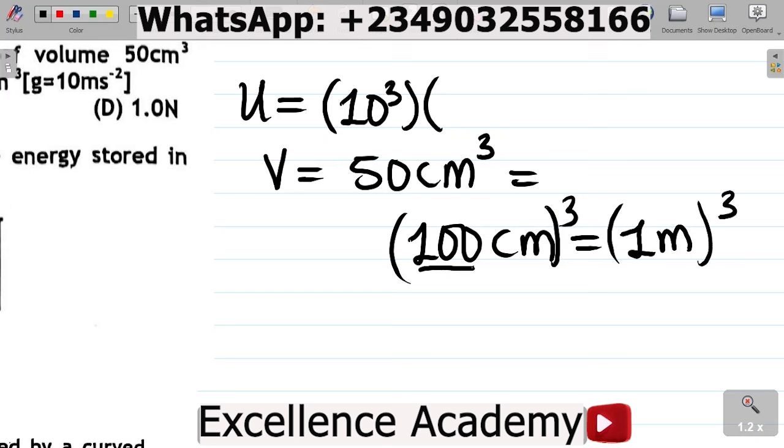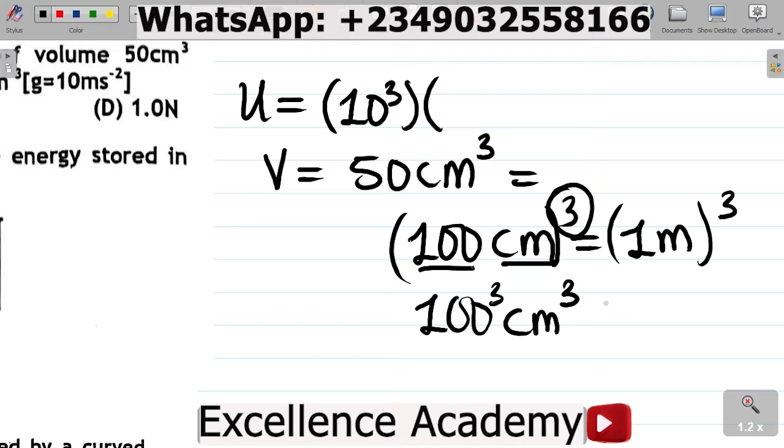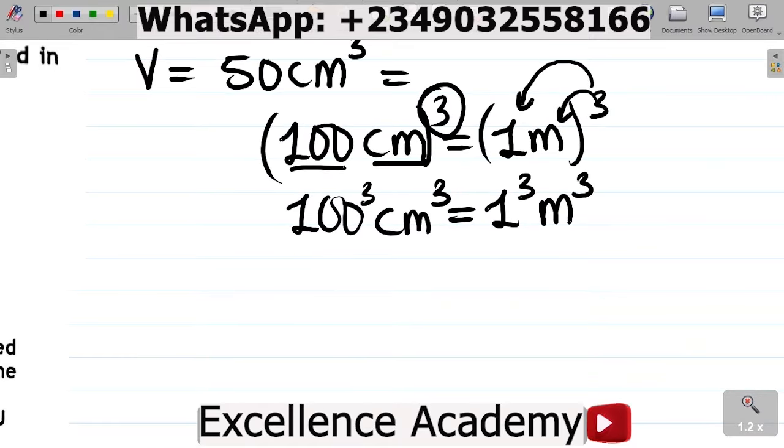This becomes 100 cube. This cube also affects the cm. It becomes cm cube, is equal to 1 cube, and then this cube affects meter, it becomes meter cube. Proceeding with this, I would have 100 raised to the power 3, and if you do that, that gives you 1 million.